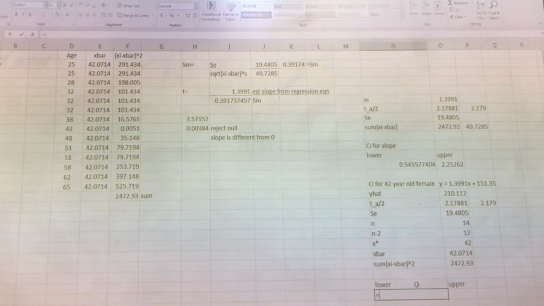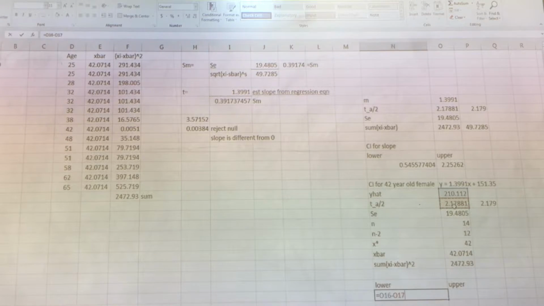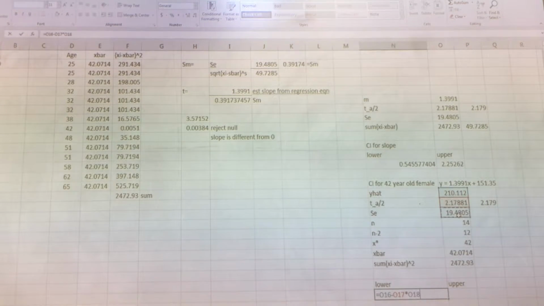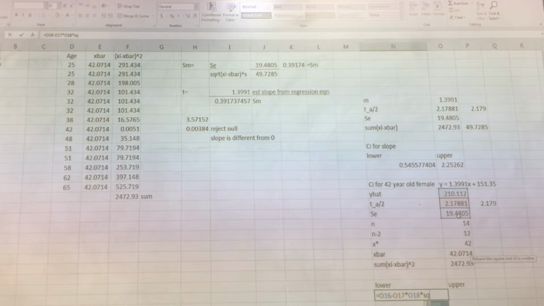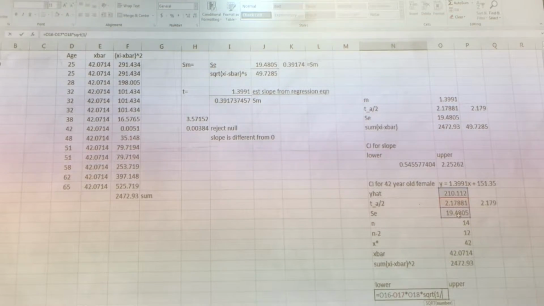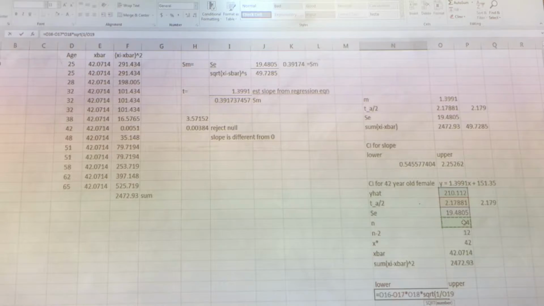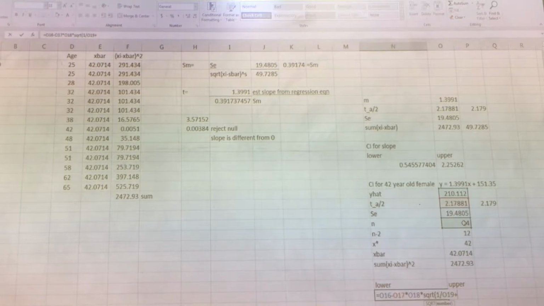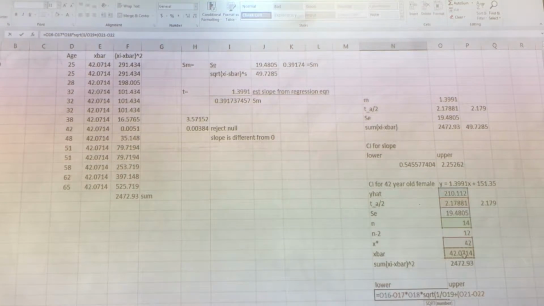In this case, the lower is y hat minus t sub alpha over 2 times s sub e times the square root of 1 divided by n plus x star, she's 42, minus x bar squared divided by the sum, which is right here. There's my parenthesis.